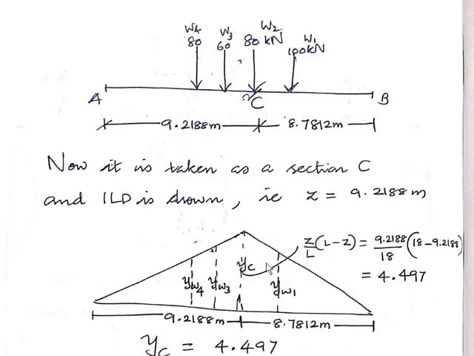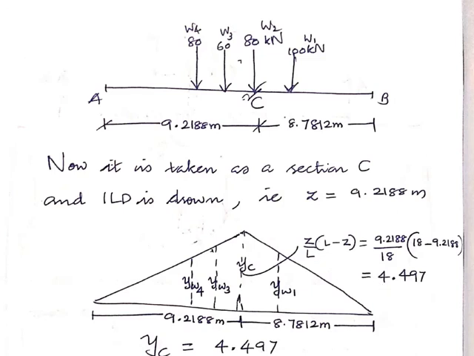So we are getting the ordinate below this load, Z by L into L minus Z, where Z is equal to 9.2188. Substitute the values of Z and L and find the ordinate below this load at the section C. So YC is equal to 4.497.